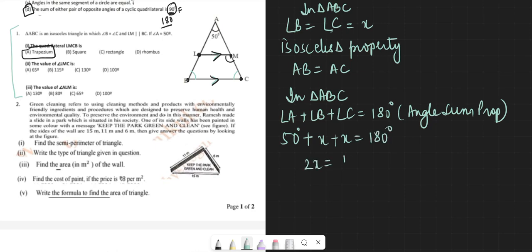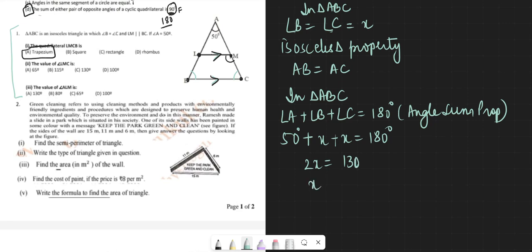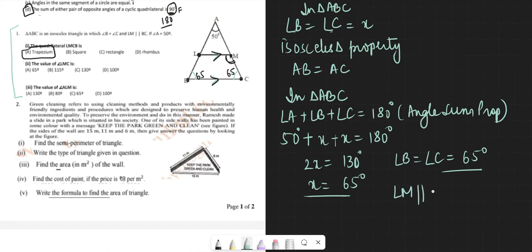So 2x is equal to 130 degrees. So here x would be equal to 65 degrees. So angle B is equal to angle C as 65 degrees. Now we already know that these angles C and B are 65. Now if they are asking for angle LMC, I'll use the rule for parallel lines. We know LM is parallel to BC and AC is the transversal.